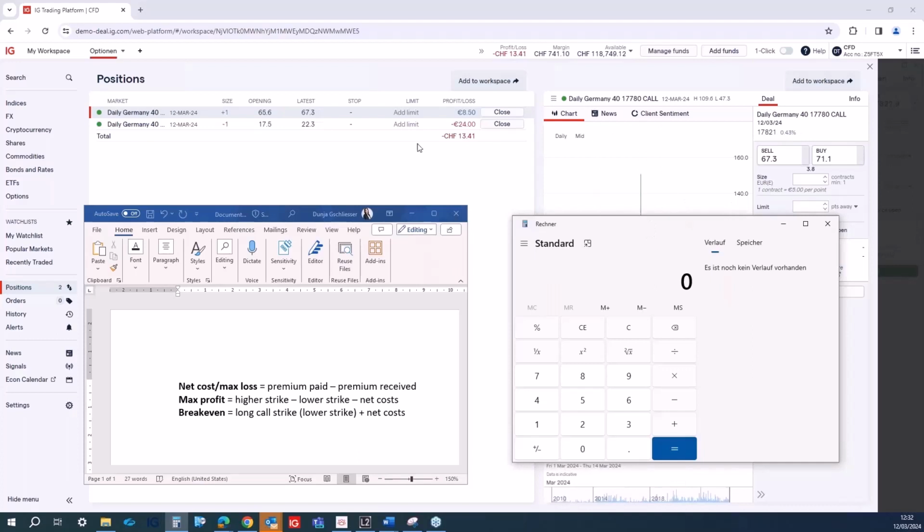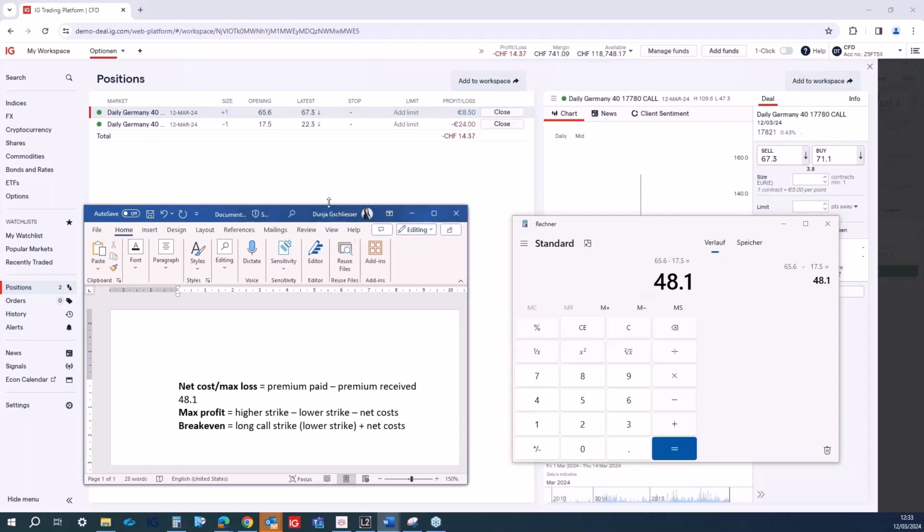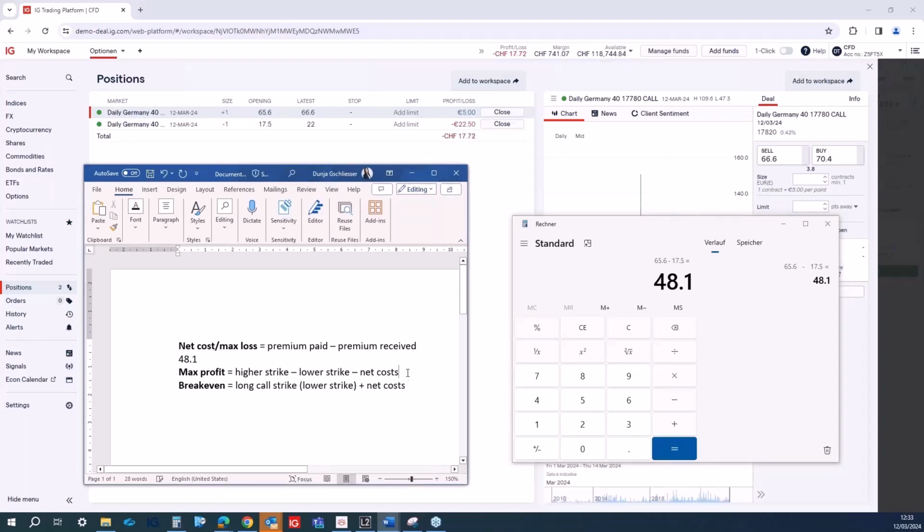Net cost, or also the max loss, is the premium you've paid for the long call, so that's 65.6, minus the collected premium. We're always doing this per point, €1 per point. You can, of course, multiply it yourself, but that's the easiest here for this example. So minus the 17.5 that I received for my short call. So my net cost here being 48.1. Okay, first one calculated.